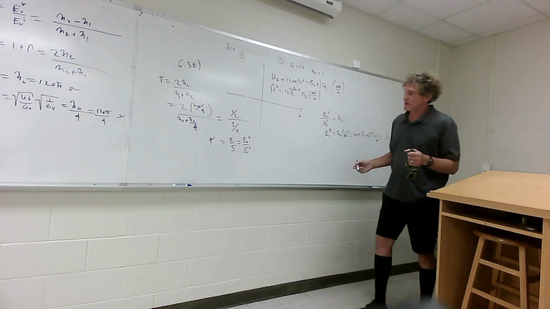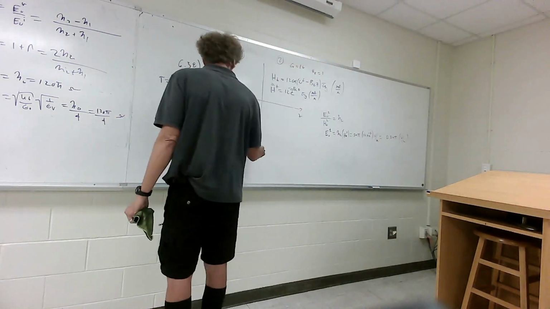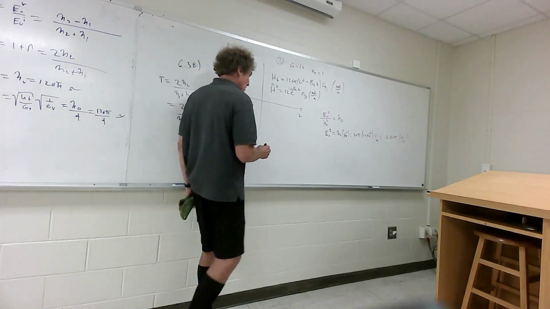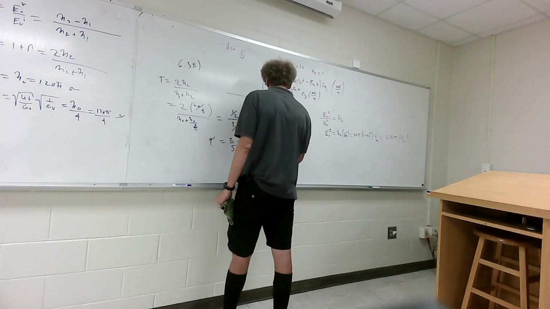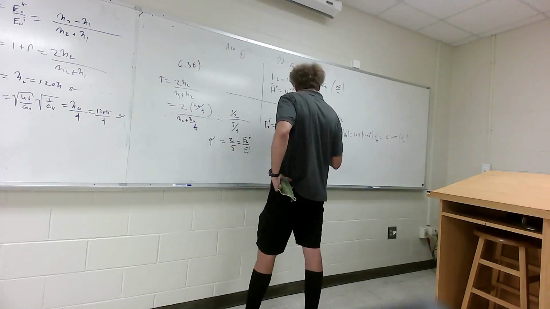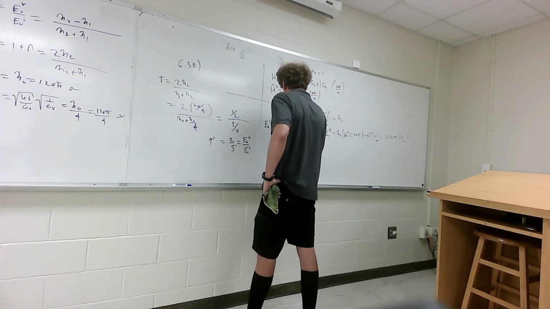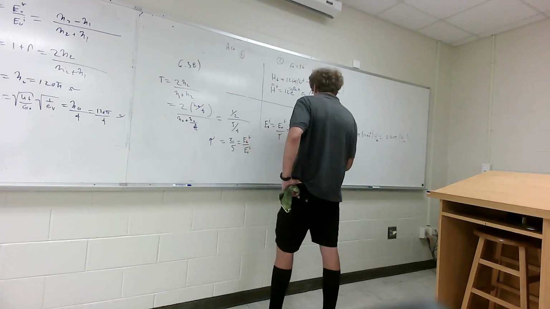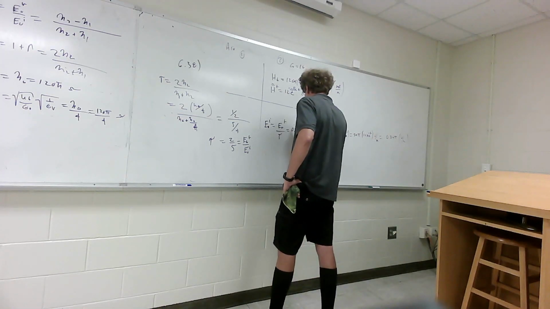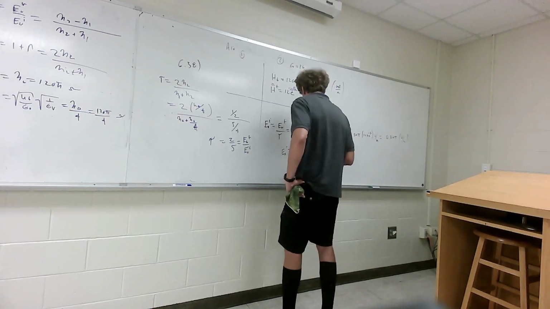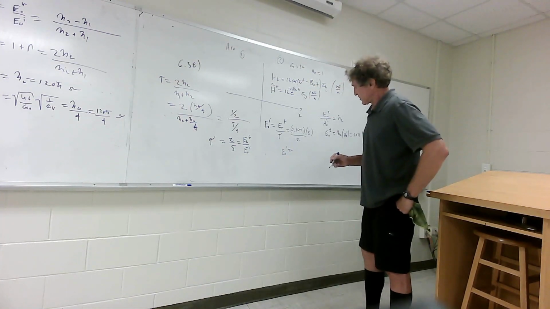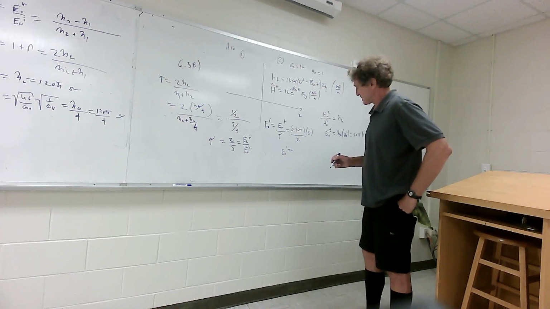Now to get the incident field, we come over here, right? To get the incident field, we're going to take E naught transmitted divided by tau, or you can say that the incident field would be equal to E naught transmitted divided by tau, or it would be 0.36 pi divided by 2/5, or 2 times 5, and what is that, 0.18 times pi times 5.